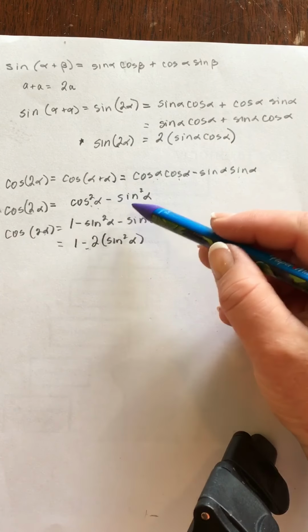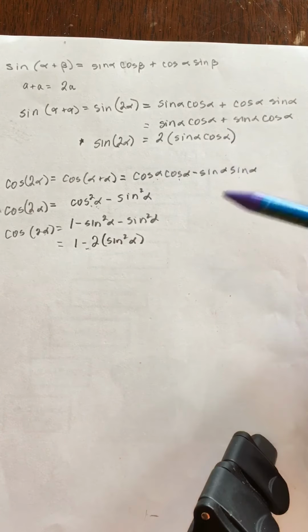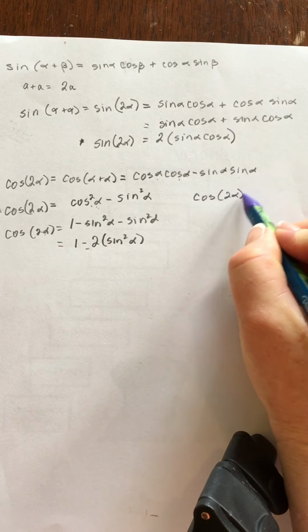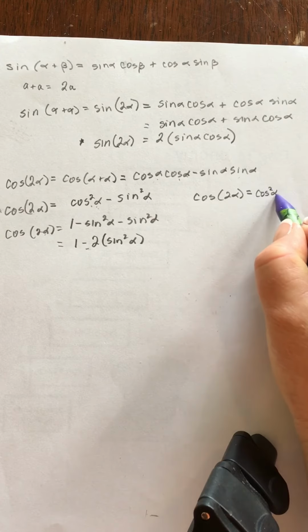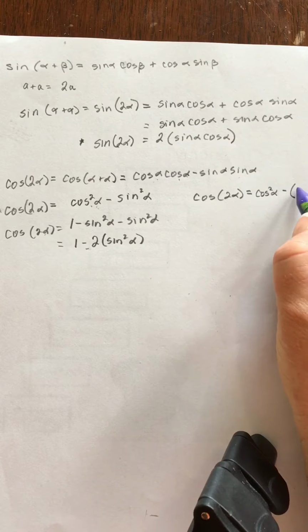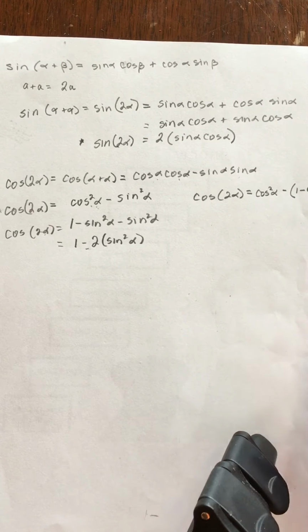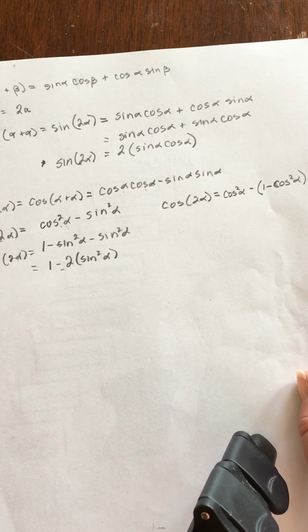We can also take this and instead of substituting for cosine squared, we're going to substitute for sine squared. So I'm going to get the cosine of 2 alpha equals cosine squared of alpha minus 1 minus the cosine squared of alpha, because if we use our Pythagorean identity, 1 minus the cosine squared is the sine squared.